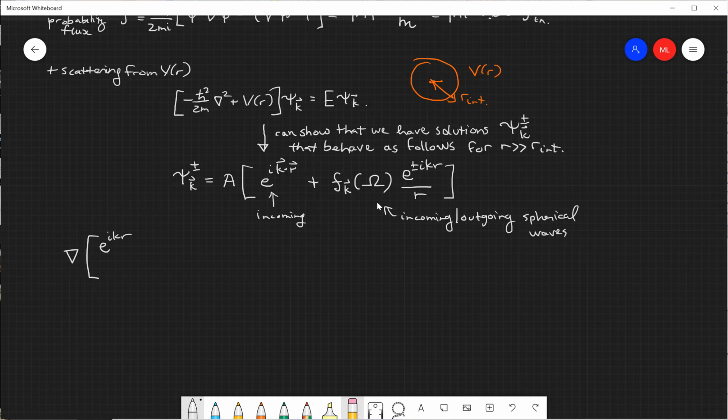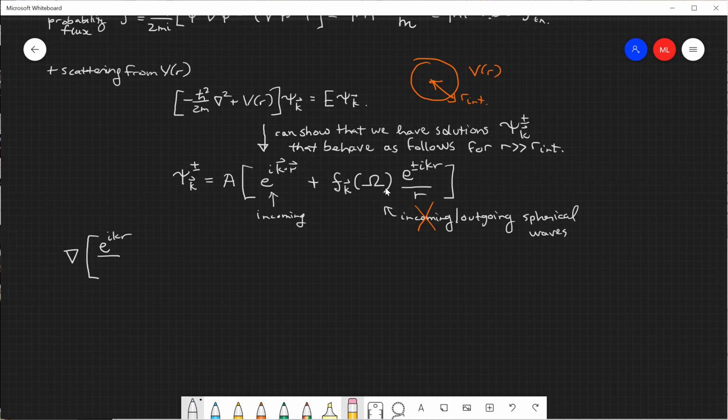That's not the incoming wave. There's always an incoming wave, but if we take care of that here, then all of this stuff must be the scattered portion. So we typically toss out the incoming spherical wave, and we're only left with the e to the ikr, not the minus ikr in that exponential. We just keep the outgoing part.